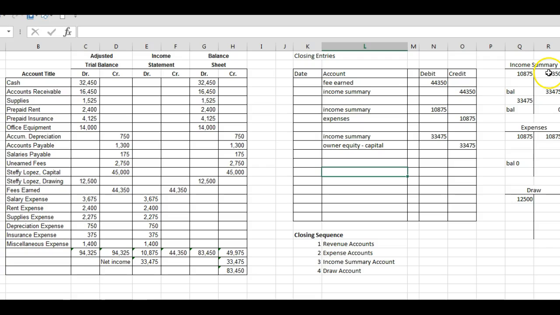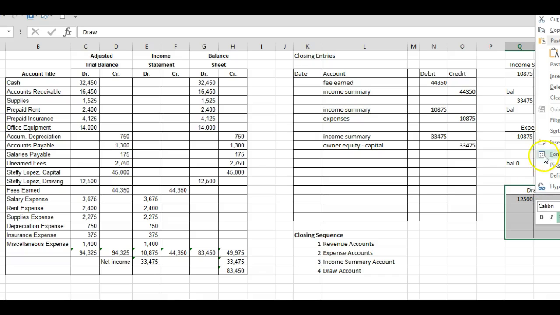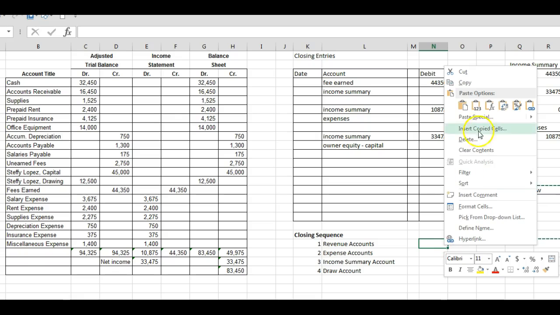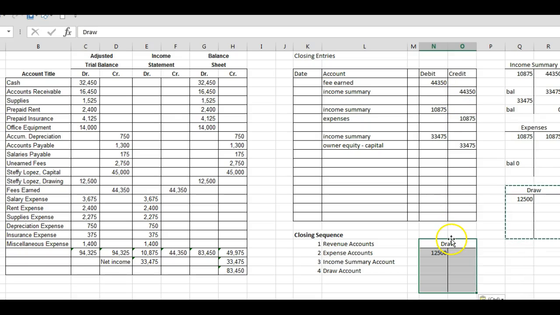That means this is a zero balance, right? Fees are a zero balance. And the owner's equity, yeah, I guess I better put that in here. Just a second. Let me see if I can create this for you so it makes sense, so you can see it. This is going to become the capital account. It did have $45,000.